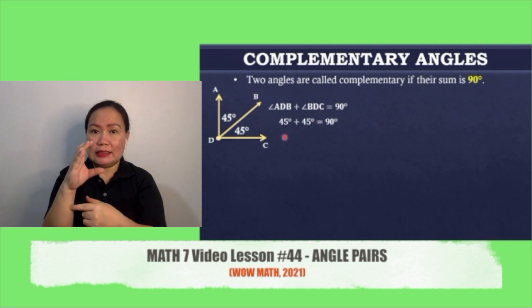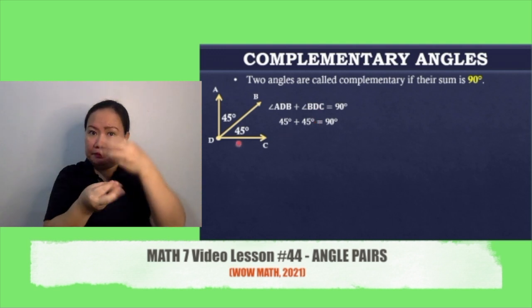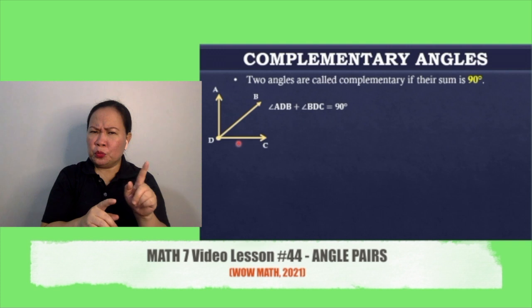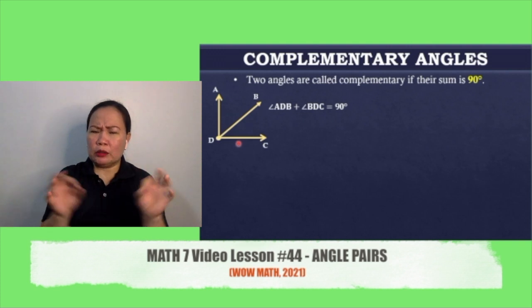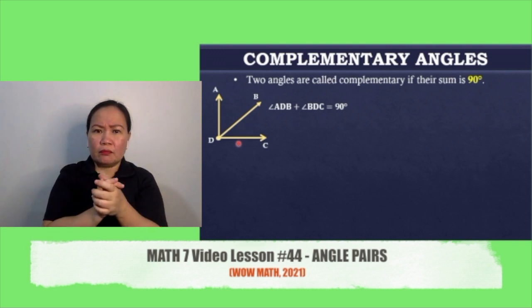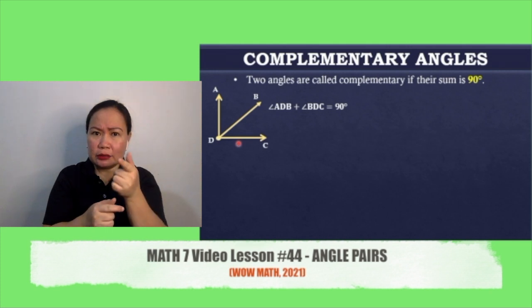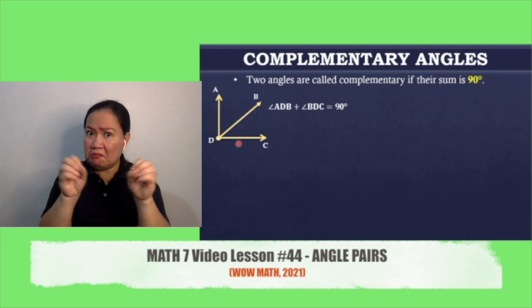Okay. Now, what if, ma'am, there is no measure? Okay. So, no measure is given. How will you know that these angles are complementary angles? So, how do we know that these two angles are complementary? Okay.